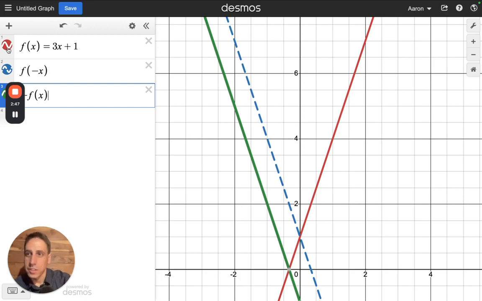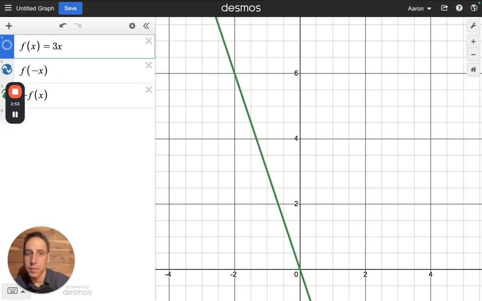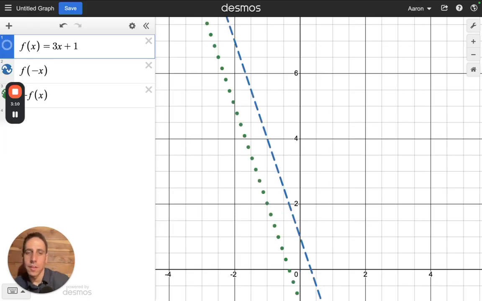So I'm going to hide the red, and only when the blue and the green are overlapping will we know it's odd. Aha. Let's look at this. Yep, they're in the same location. I'm going to make this dotted as well, or maybe points. You can see they're overlapping completely. As soon as I make this plus 1, they're not completely overlapping, so they're not odd functions.